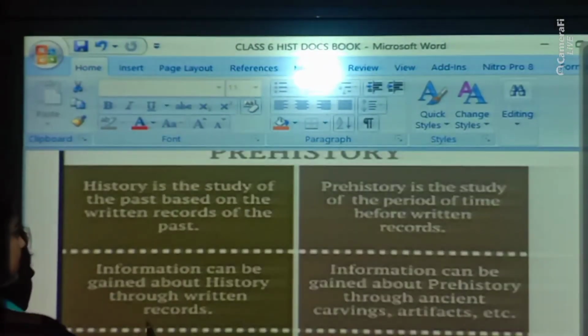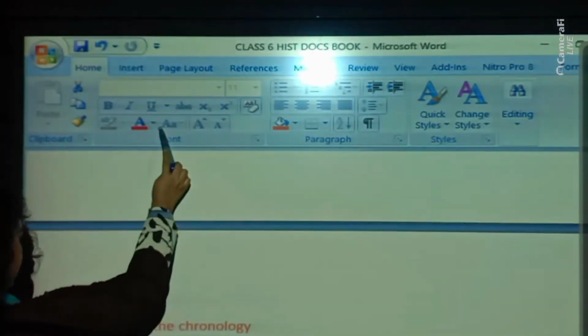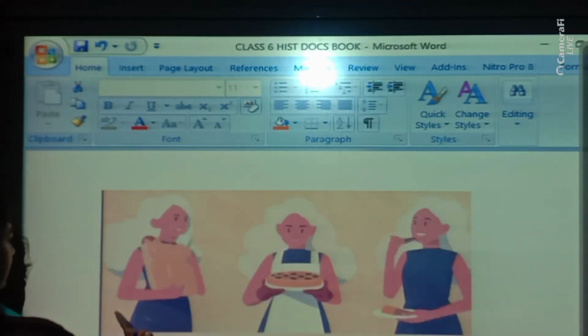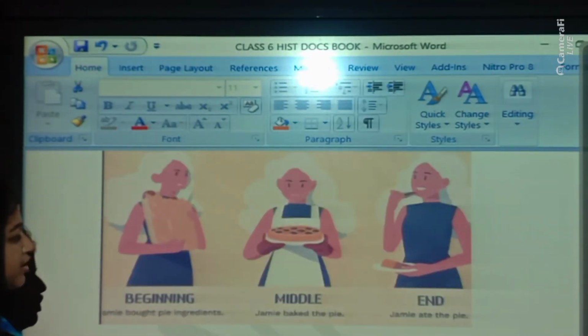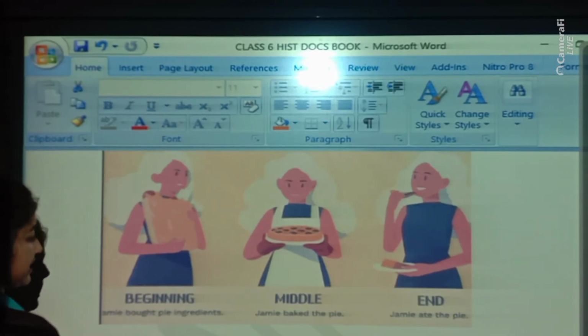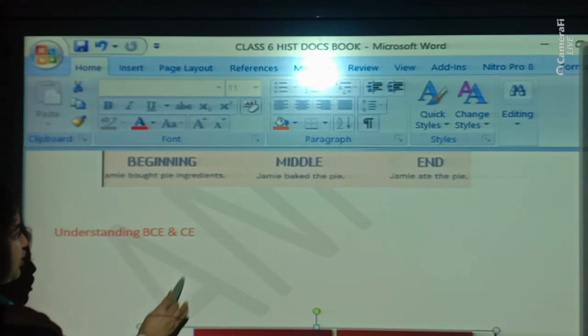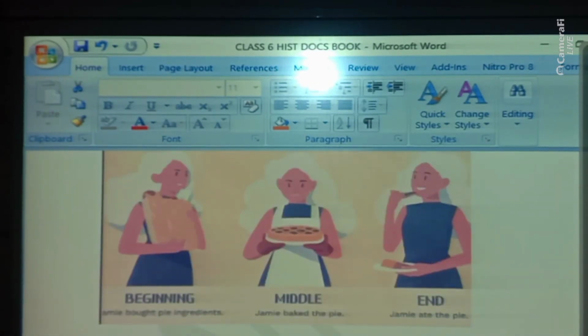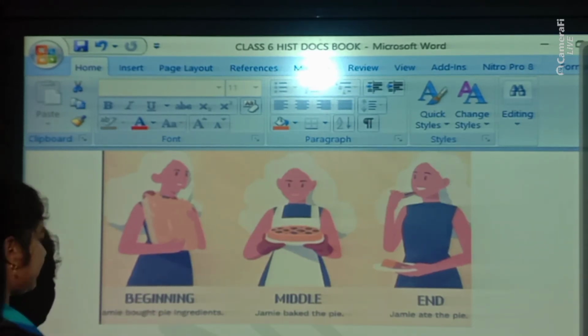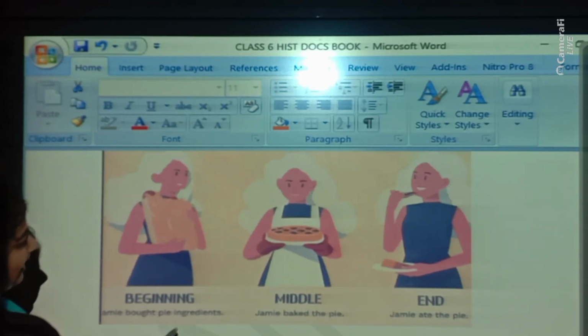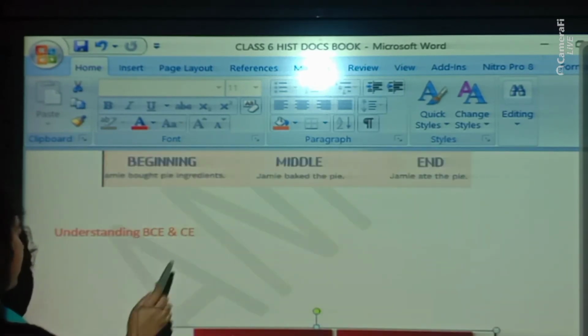Students, this is the chronological order from the example I gave you a few minutes ago. Jamie kneaded the cake: first she brought the cake ingredients, then she baked the cake and then she ate the cake. That is the chronological order.